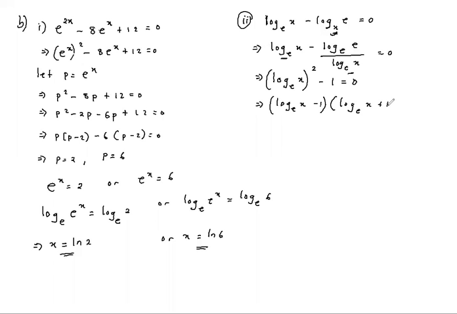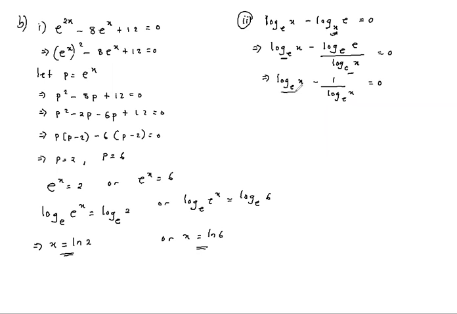Wait, why are we cross multiplying when there's a negative sign there? You know what we have? We have something like this. We have log e x minus 1 over log e x is equal to 0.